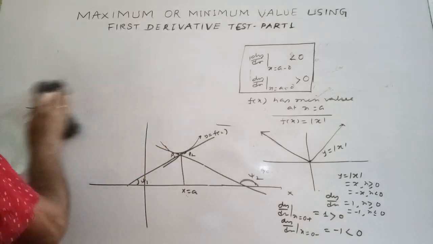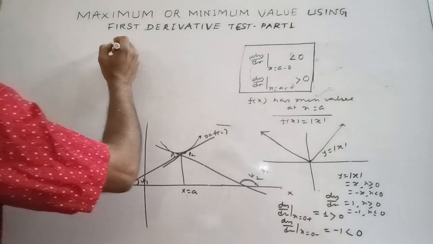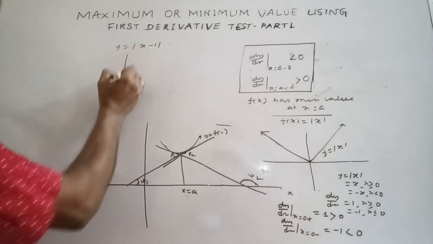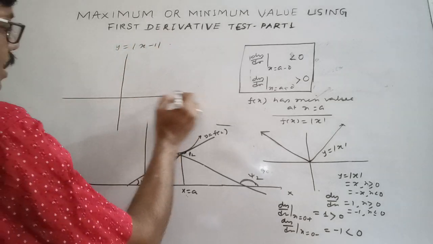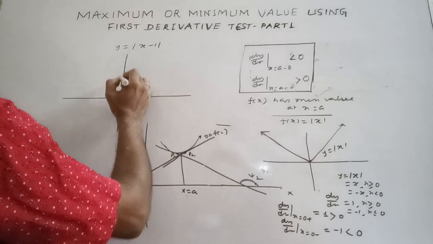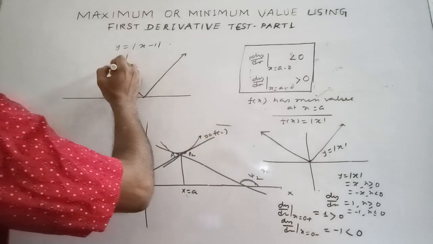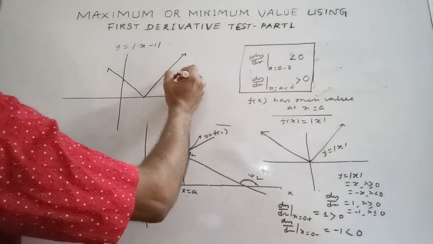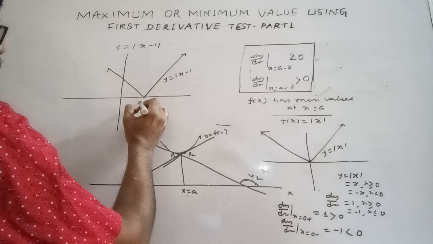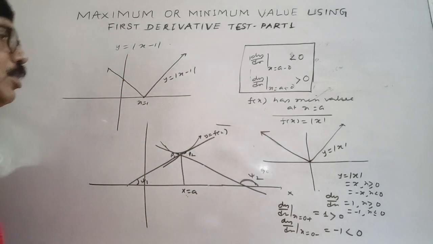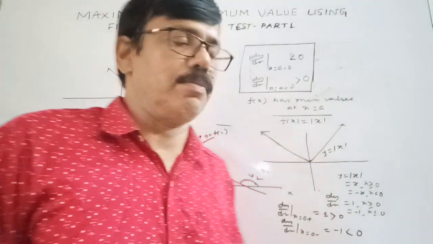Now, for every mod function, suppose y equals mod x minus 1. So what is the graph? At x equals 1, you are getting this type of V nature. This is y equals mod x minus 1, at x equals 1. So it has minimum value.